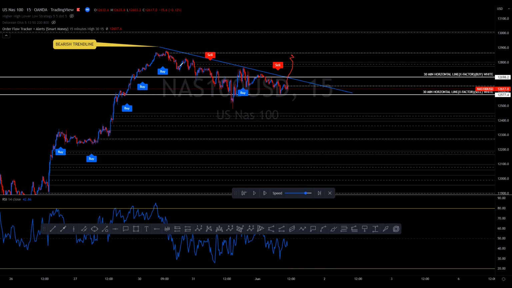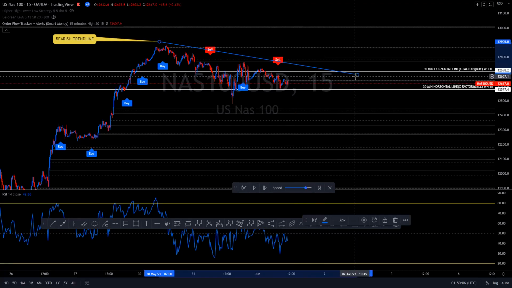Because of all this imbalance that this previous price created, they may want to knock this out first before selling it down. It may be the easiest way for them to do so. So even though price is overall bearish, I could see them pulling it back to mitigate this area.